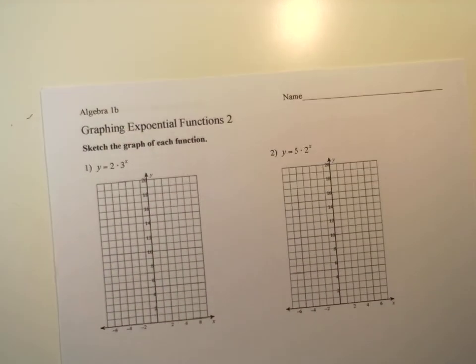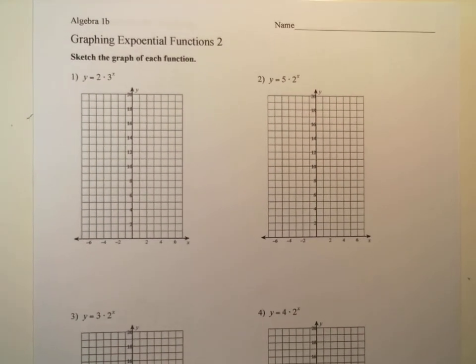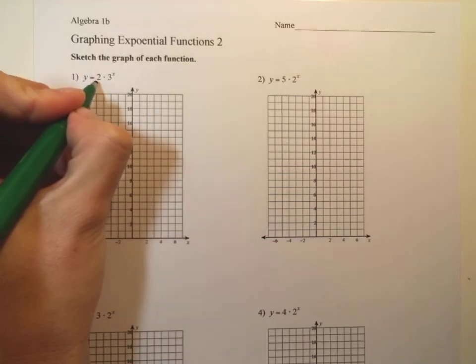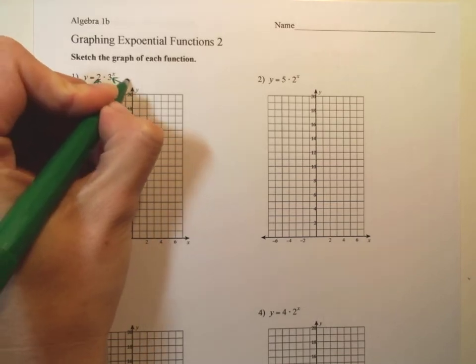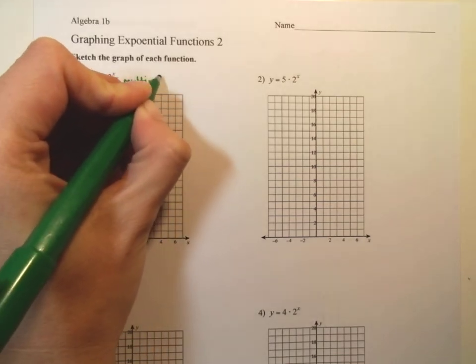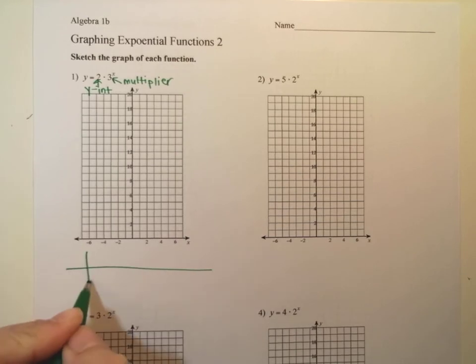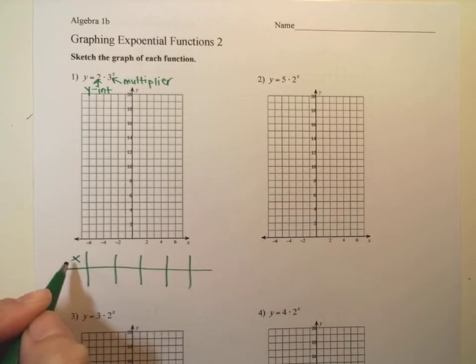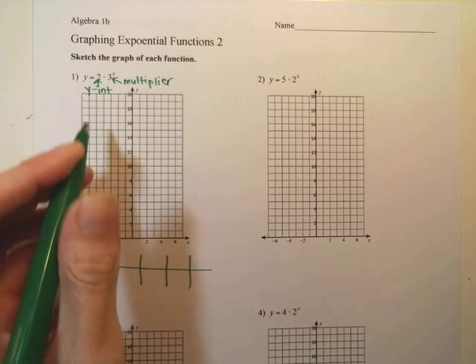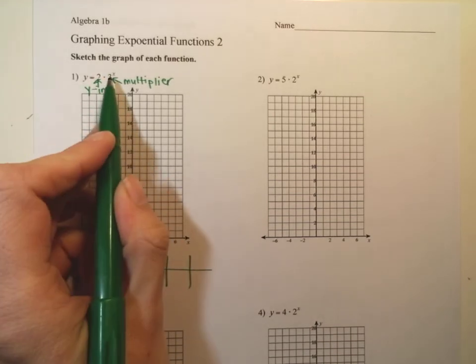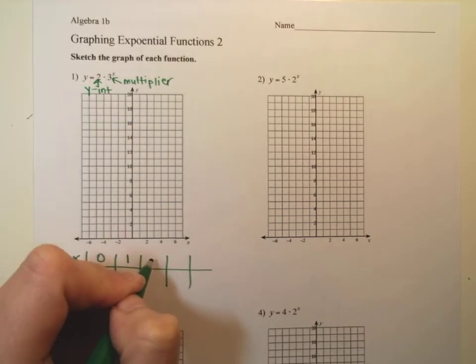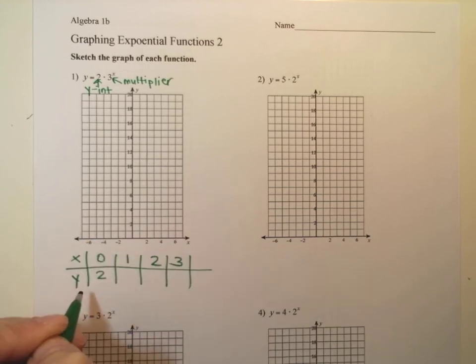And then the second part of your assignment is going to be graphing exponential functions too. And so I just want to show you how to graph. So this is what you're starting with. 2 is your y-intercept, and then we said 3 is your multiplier. So you could create a quick table for x and y. So we know on day 0 we have 2, and then it's multiplying by 3 each time. So if we start with 2 and we multiply by 3, we get 6.